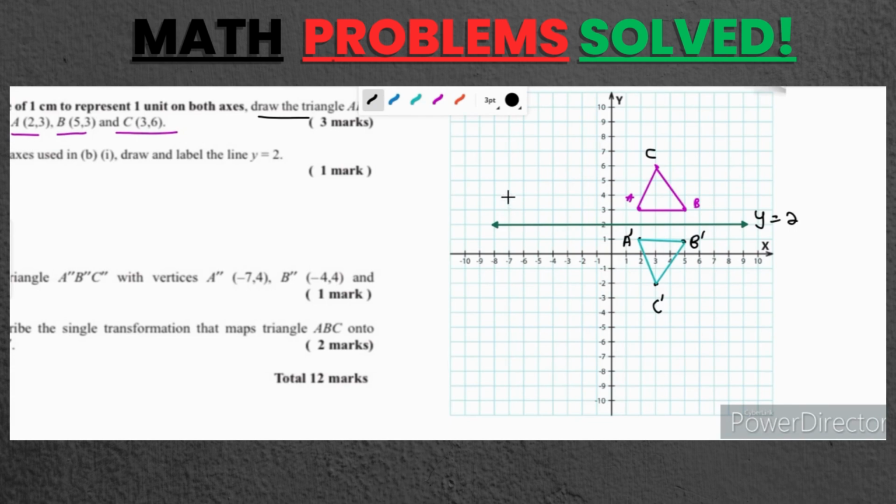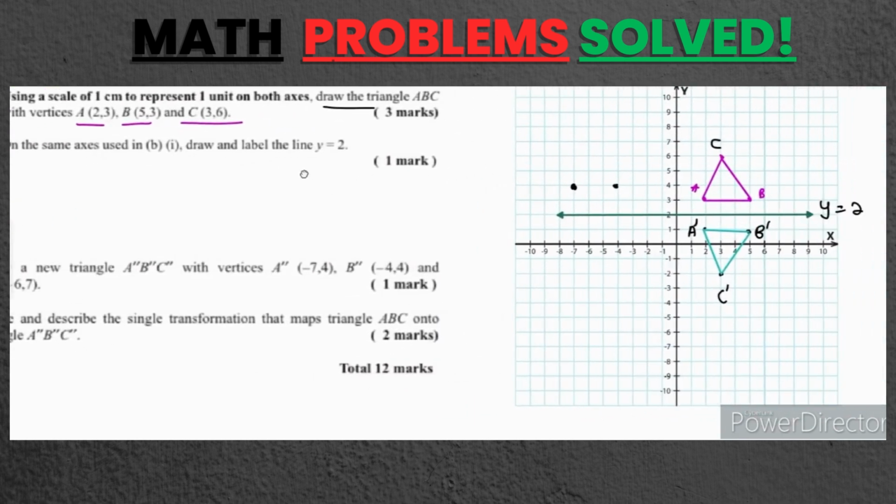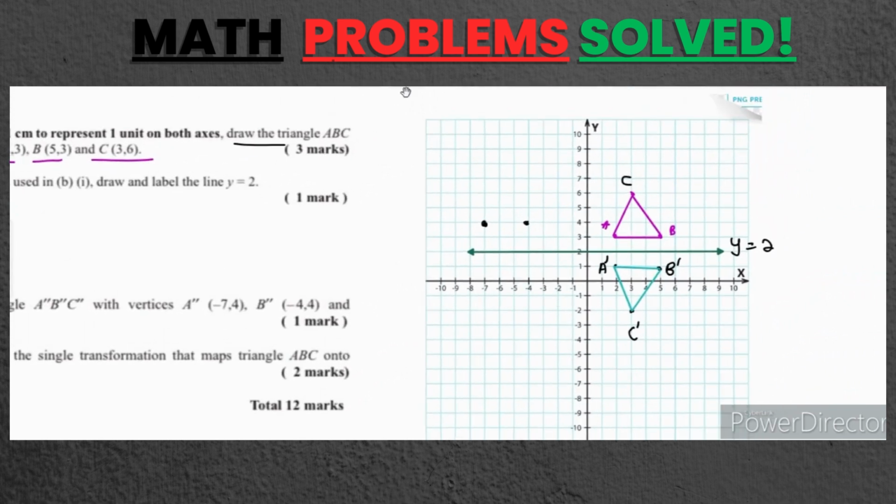Negative 7, 4. And where is B double prime, which is negative 4 and 4. And C double prime negative 6 and 7.